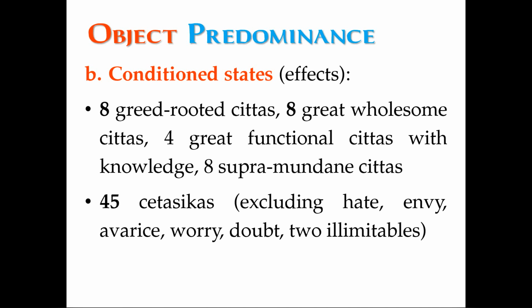So that means visible form is the cause for the arising of lobha. For that reason, we have to take 8 greed-rooted chetas. Sometimes when you think about something in your mind and greed arises, lobha arises, right? Mind object is the cause for the arising of lobha. Lobha is the effect, the caused effect, right?